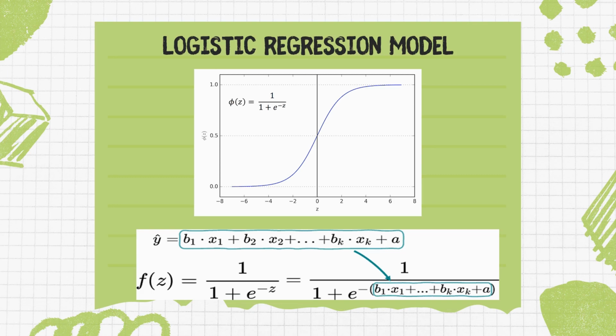Now the equation that you are seeing here, which is 1 divided by 1 plus e raised to minus z, does exactly that. It calculates the probability. It takes any value of z, which can be a large positive or a large negative number, and maps it to a value between 0 and 1.